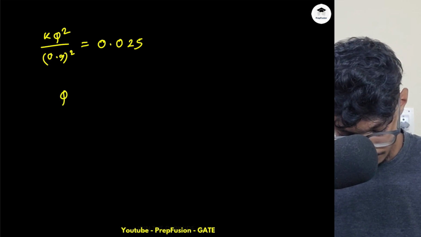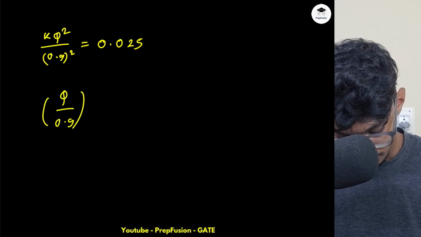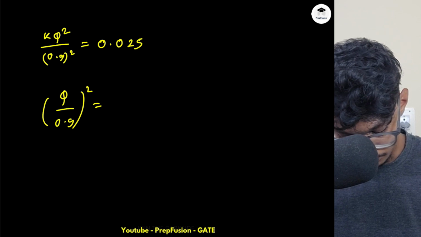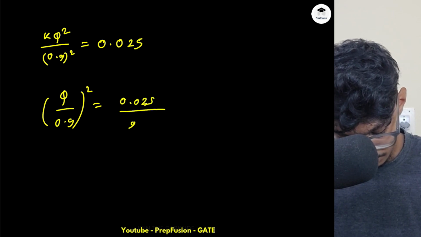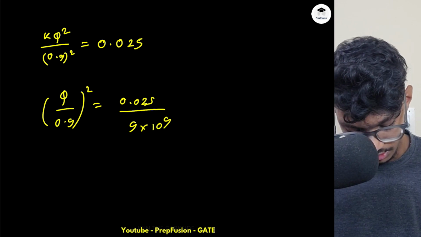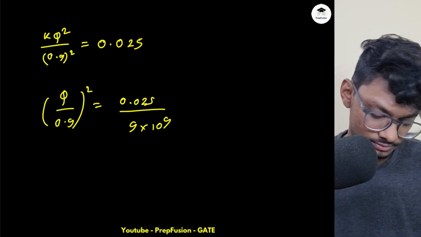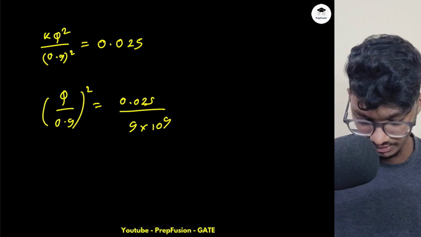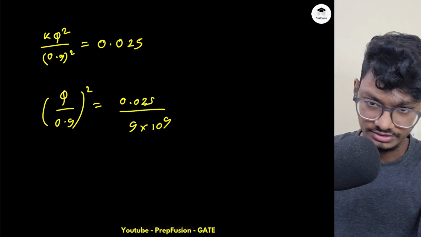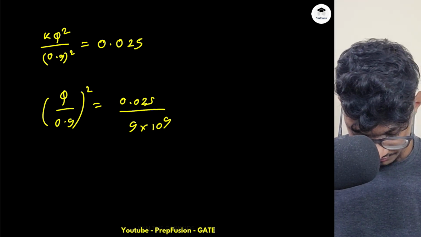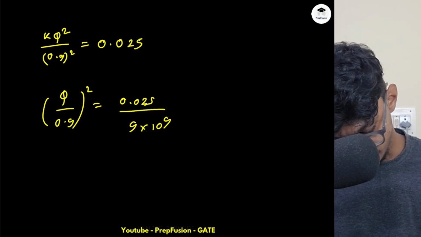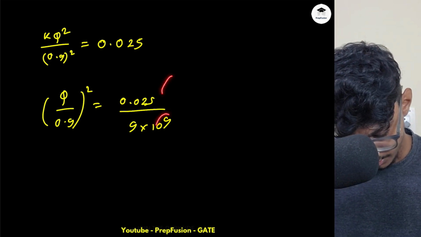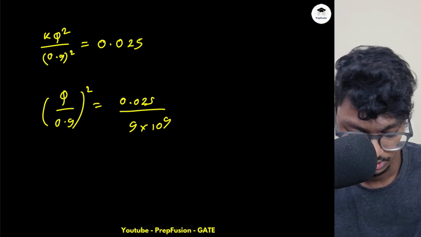So Q square by 0.9 whole square equals 0.025 divided by 9 into 10 raised to power 9. What I can do is, if I just compute this, I'll quickly find it out. If I take the square root of this it will become 0.5. This will not exactly be equal.